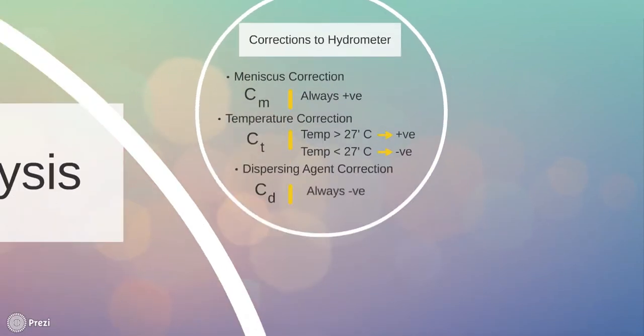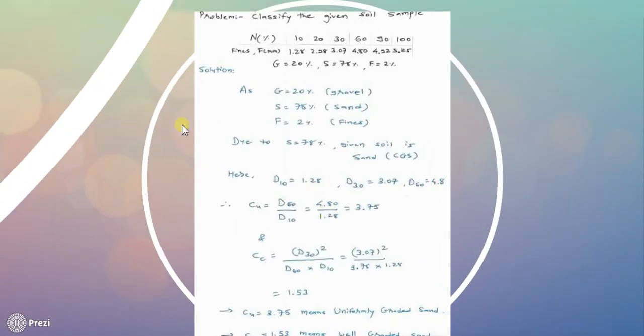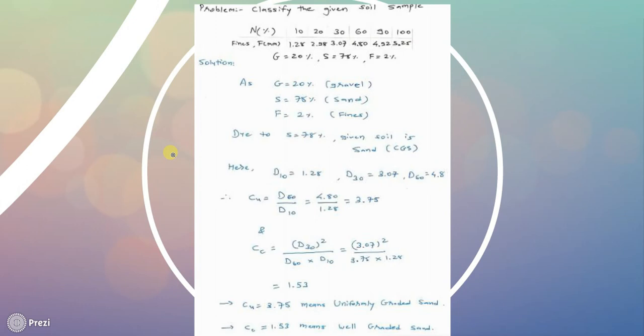Going forward, let us understand a problem regarding soil particle size analysis. The problem is like this: classify the given soil sample. Here two readings are given, in two terms: one, N percentage, and two, F in brackets, mm.